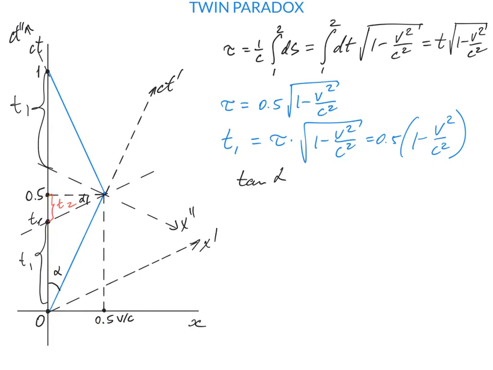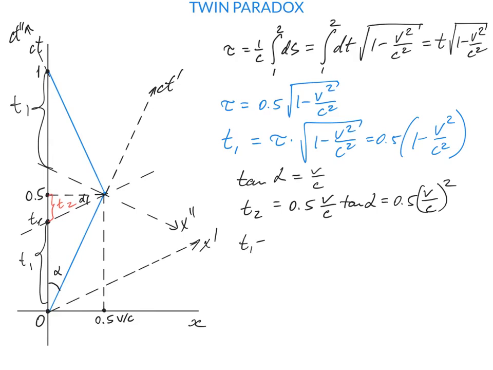So the tangent of alpha is equal to v over c. Okay? Now, to find T2, we need to take 1/2 v over c, which is this length, and multiply it by the tangent of alpha. That gives us 0.5 v over c squared.